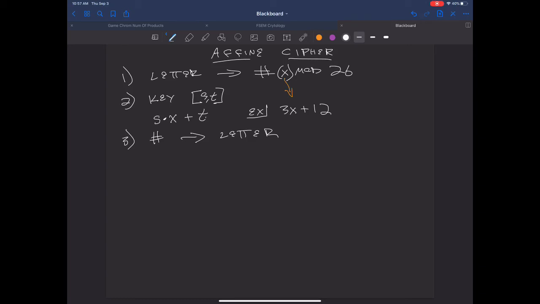All right, so we'll end off with a nice example. Let's take a look at A, B, C, D, E, F, G, H, I, J, K, L. All right, so the original number associated with all of these, I'm going to write them down.